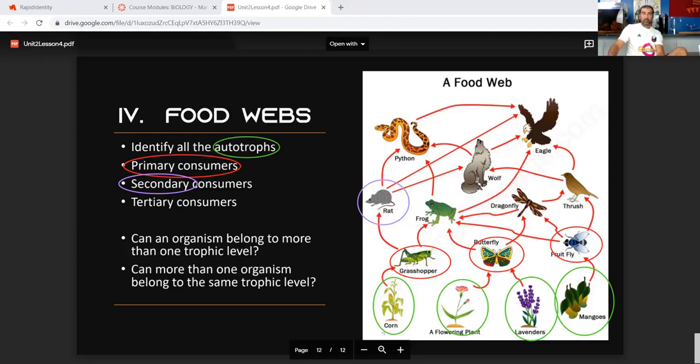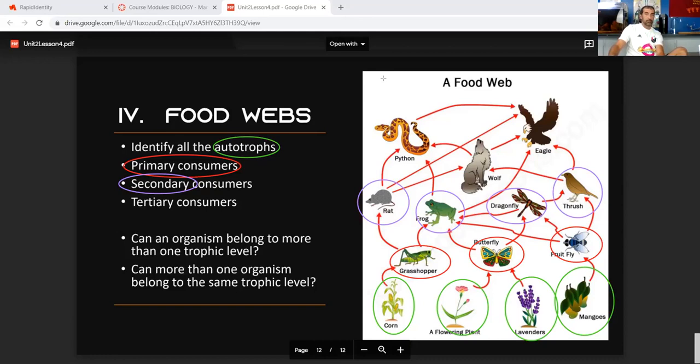If I go this food chain, grass is eaten by a grasshopper, grasshopper is eaten by a frog, the frog would be a secondary consumer. Same thing here, plants to butterfly to dragonfly. That means a dragonfly would be a secondary consumer. And then if I go mangoes to fruit fly to thrush, a thrush would be a secondary consumer.